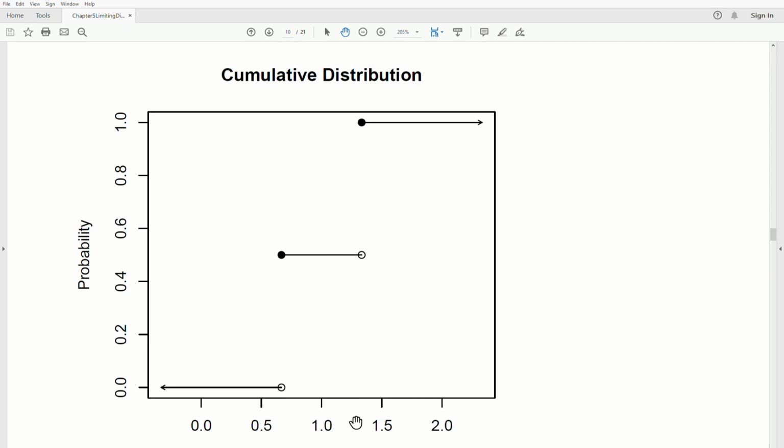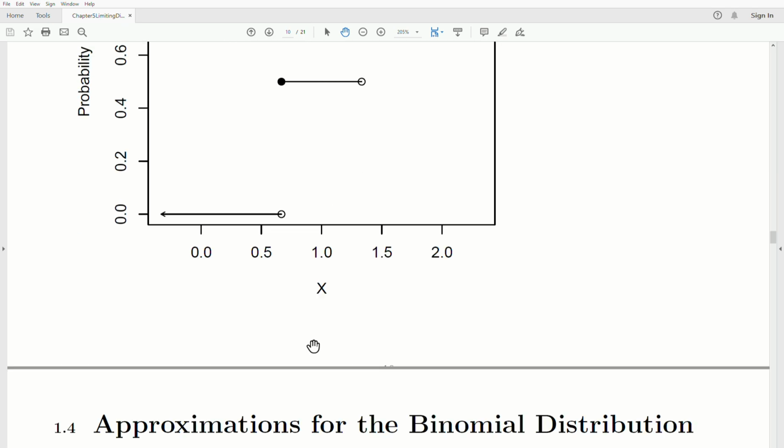So for any value that we pick, if we're below 1, the limiting value is 0, and if we're above 1, the limiting value is 1. So 1 is not a continuity point, so we can do whatever we want with it. We just say, when you're at 1, make it 1, and then that's a valid CDF.